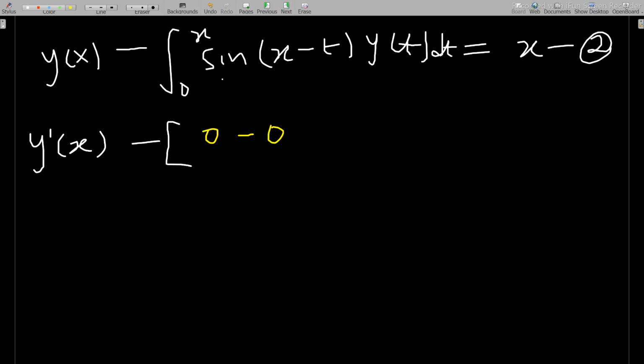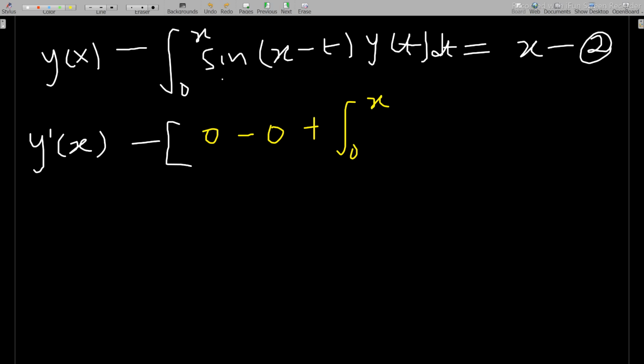Plus the integral from 0 to x of the partial derivative of everything here with respect to x. I'm just going through the differentiation under the integral sign straight away, because if I went through it again, it would take long. I only have x here, so I just differentiate that part with respect to x.